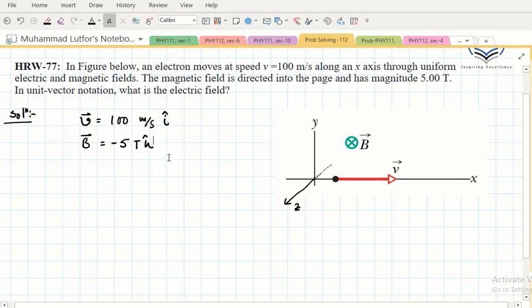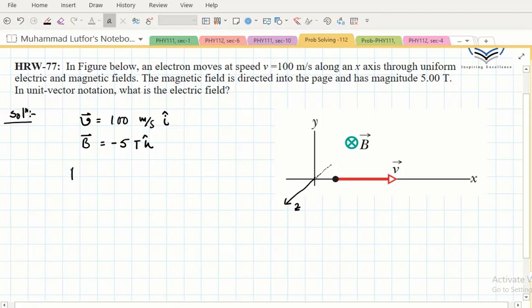Since the electron is moving at a constant velocity, the net force on that electron would be zero. Now we have to find the direction of these forces.